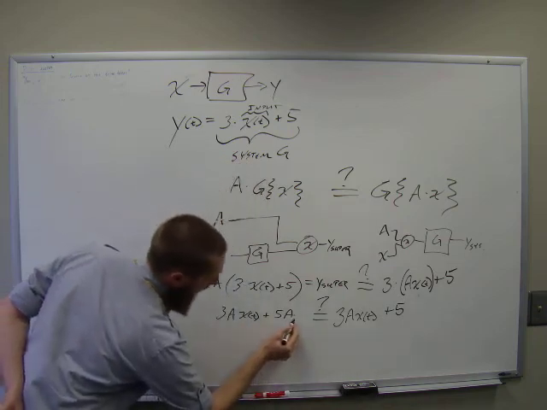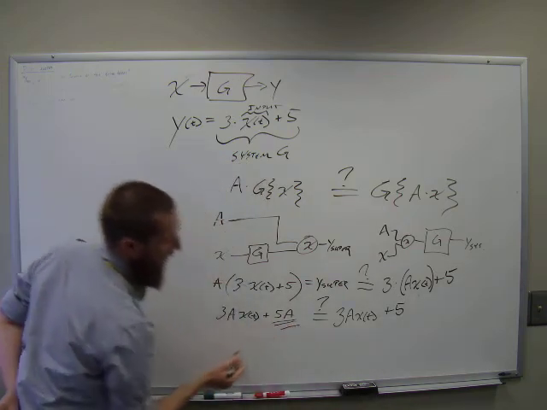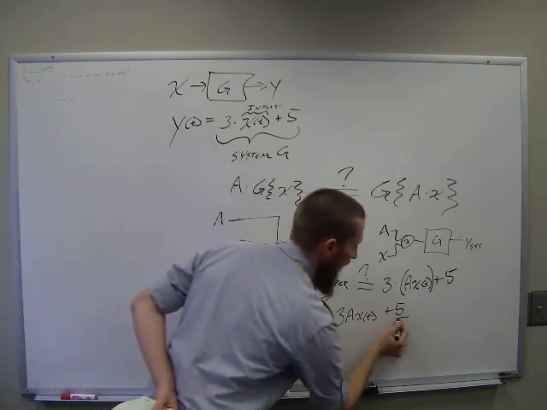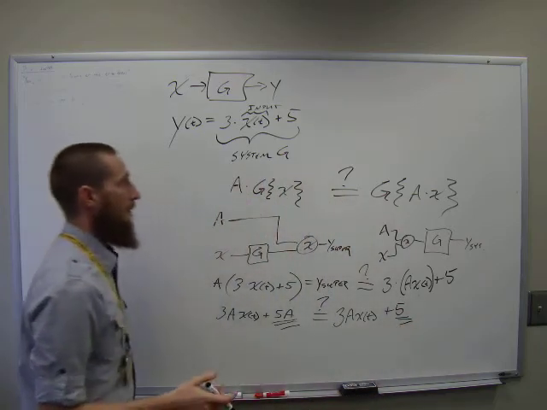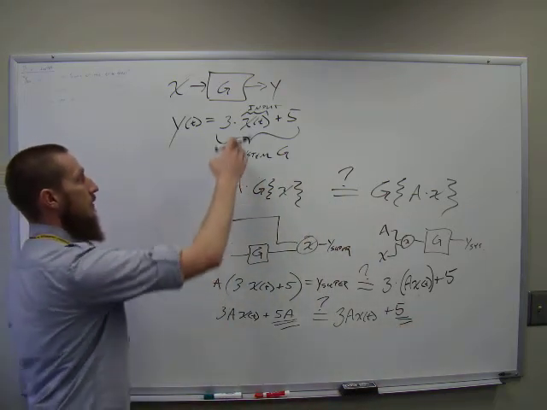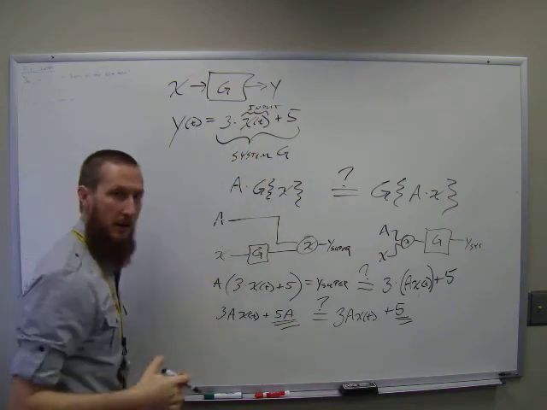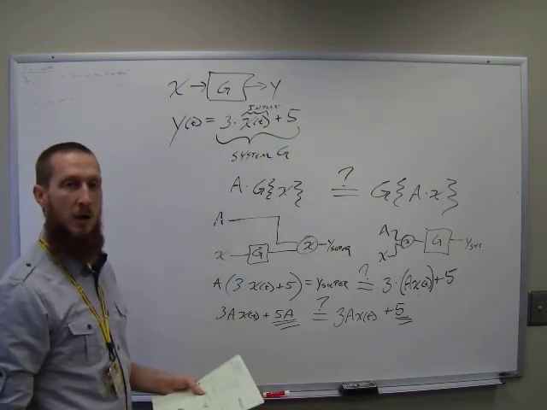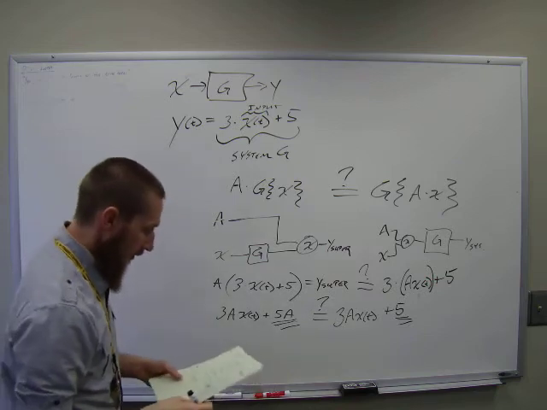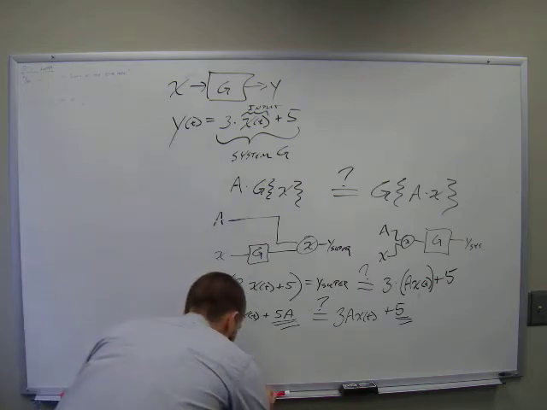See that on this side we have the term 5A. On this side it's just the term 5. So this plus 5 that's on the outside makes this a non-linear system. So not linear.